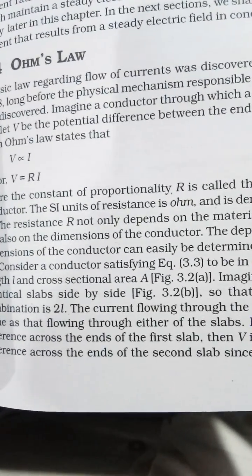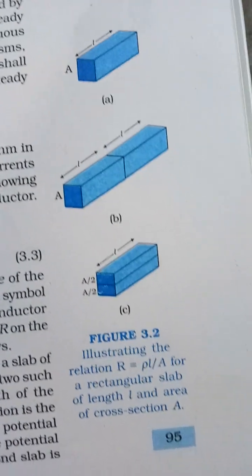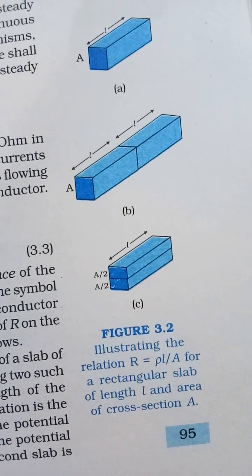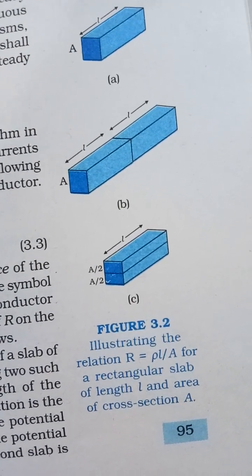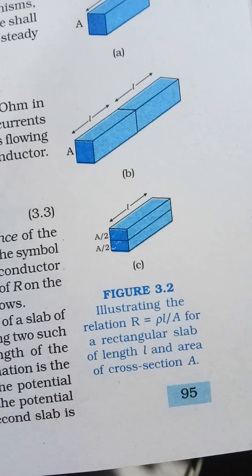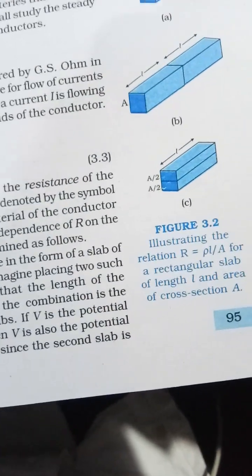Figure 3.2 will provide you the information regarding this. The figure illustrates the relation R is equal to ρL by A for a rectangular slab of length L and area of cross section A. This symbol is a special symbol under Ohm's law.